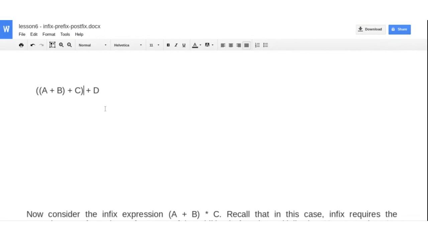The left operand will be just in front of the very left bracket, and then brackets around the D. Now we are done with enclosing each operator with its operands using the brackets. And now we can start doing our conversion.